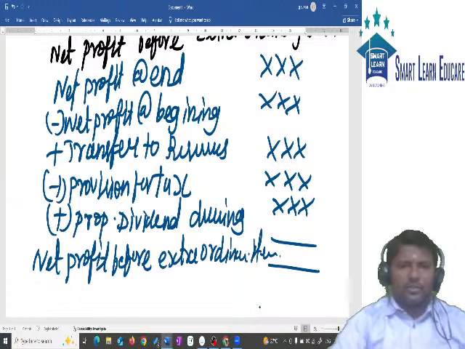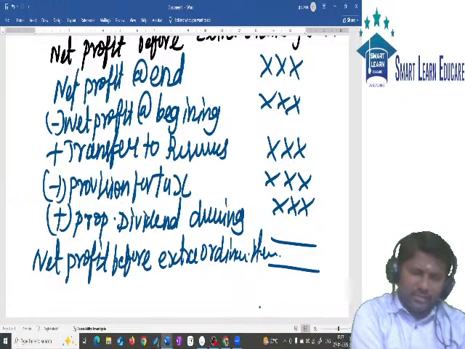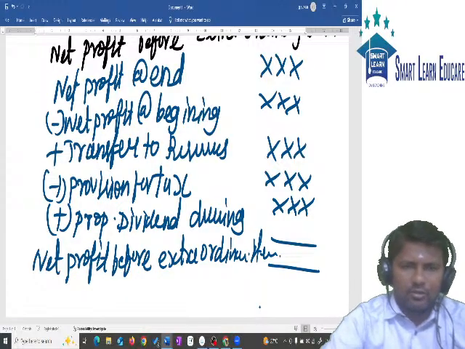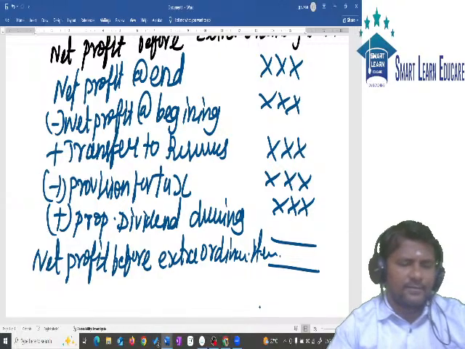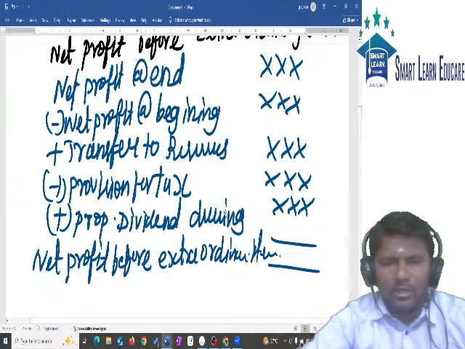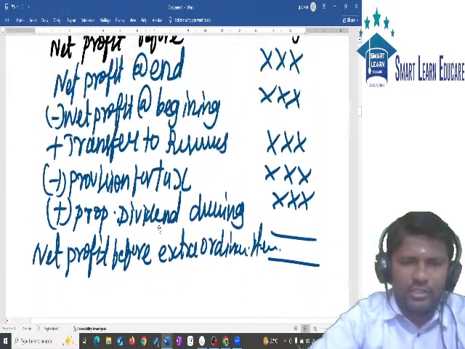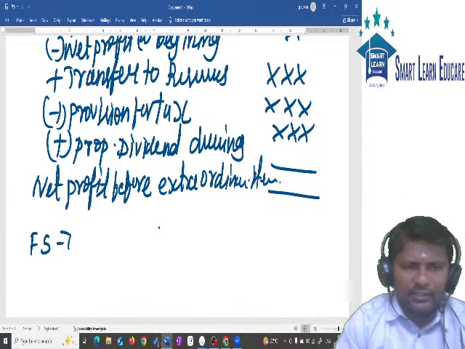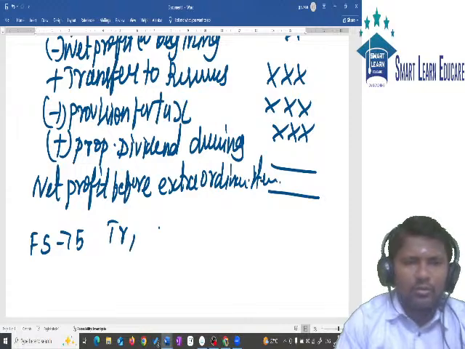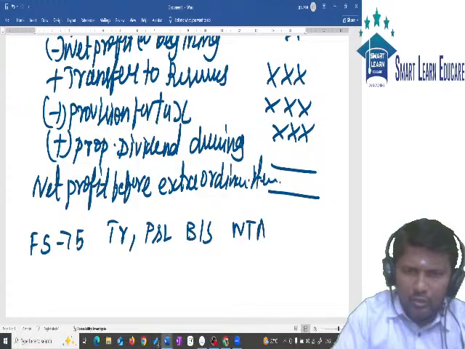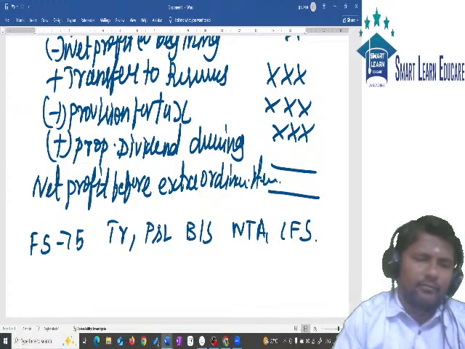See, this is a format. We need to remember this format. First we will understand the logic behind it, then we will proceed to solve questions on this. So basically, what is a cash flow statement? A financial statement consists of trading account, P&L account, balance sheet, notes to accounts, and also the cash flow statement.